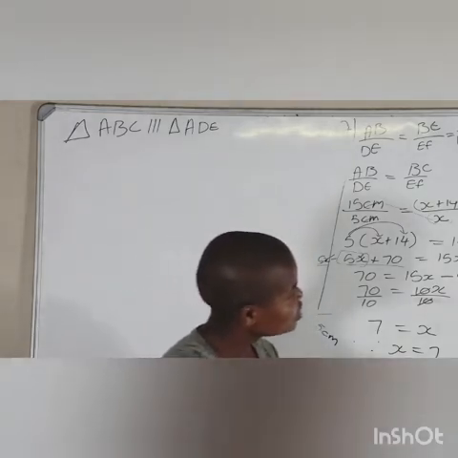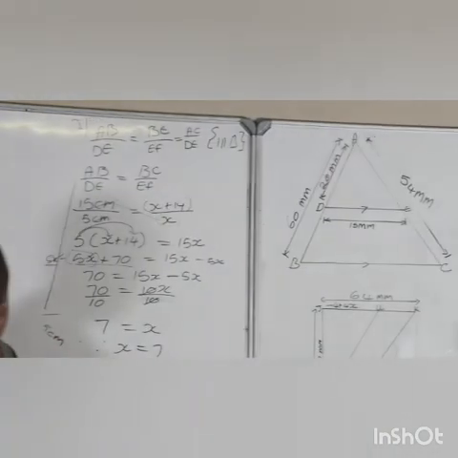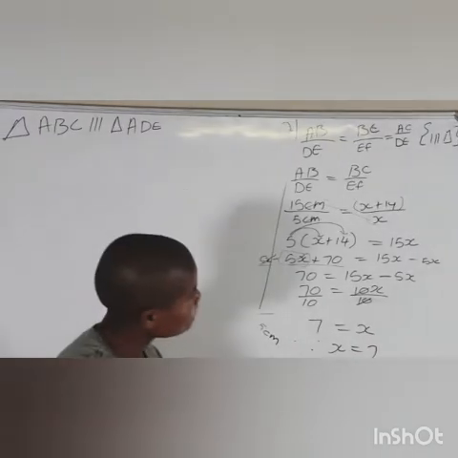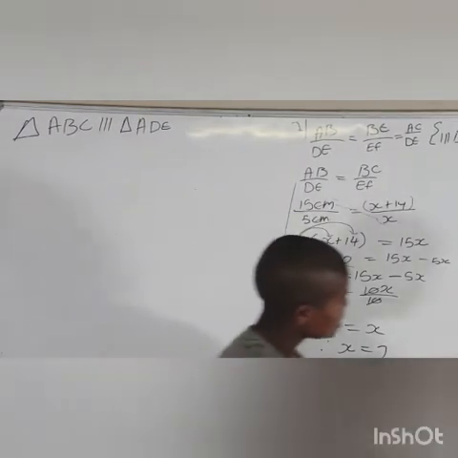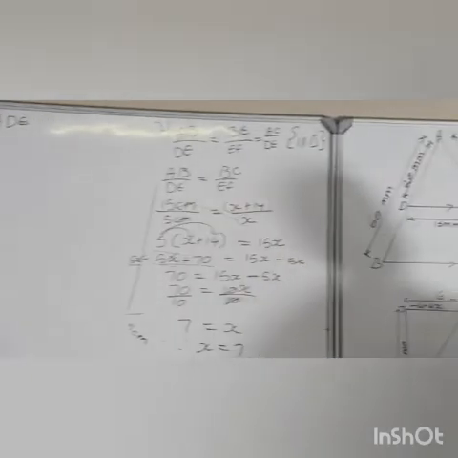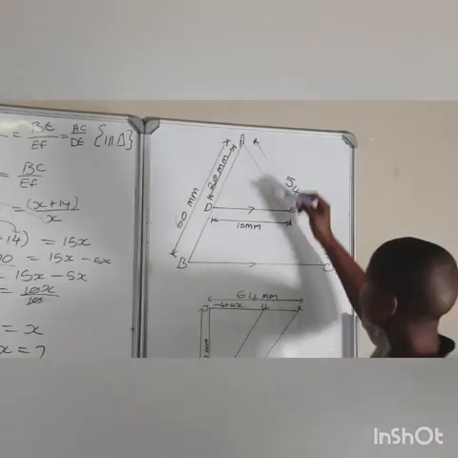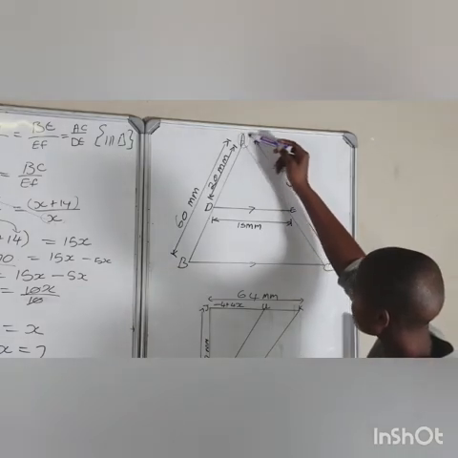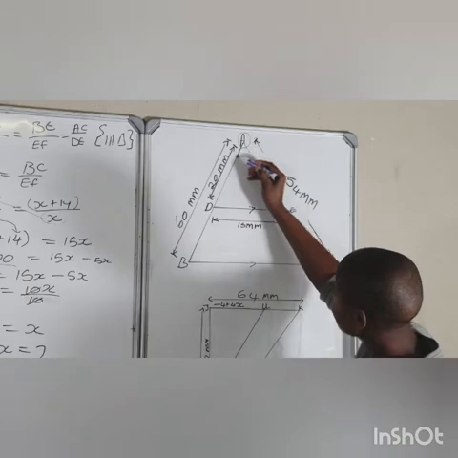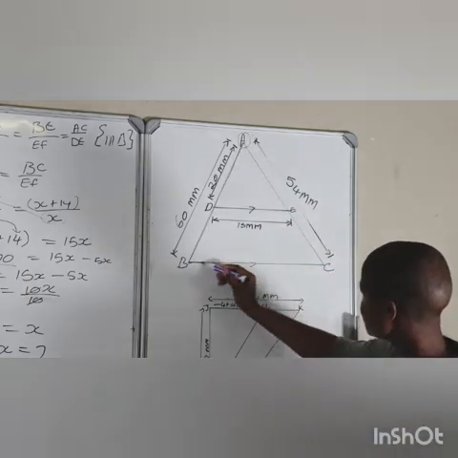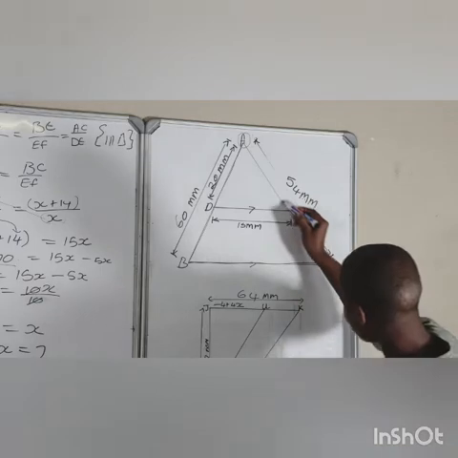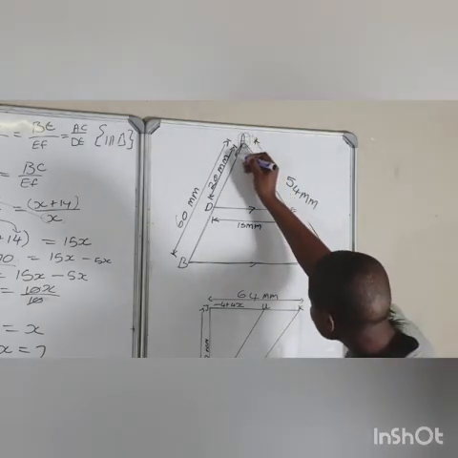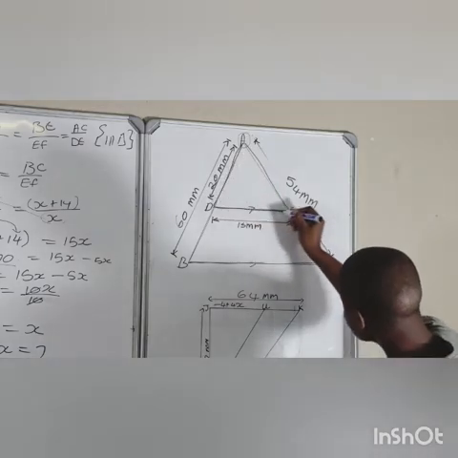What other information are we given? We are given mainly the lengths. But that is not a problem. Let us observe. Do you see that these two triangles are sharing A? We have triangle ABC and then triangle ADE.